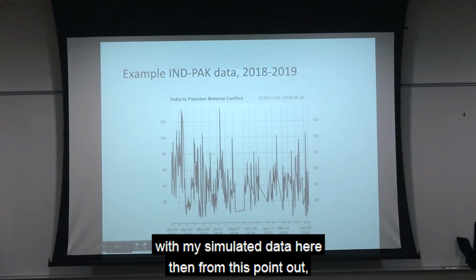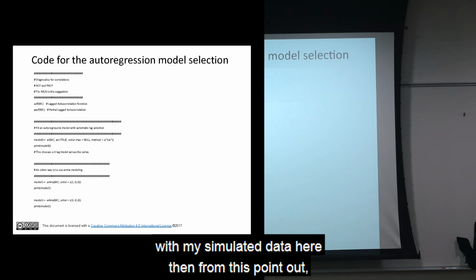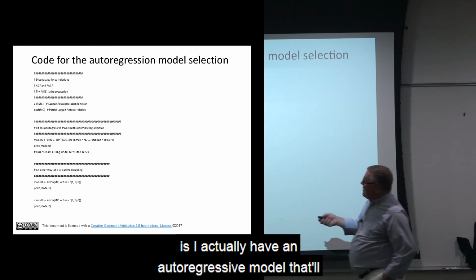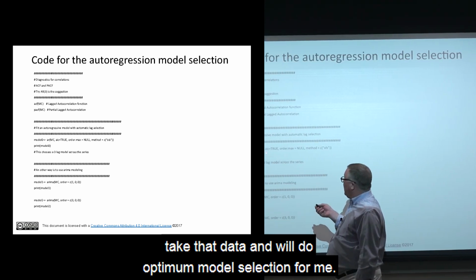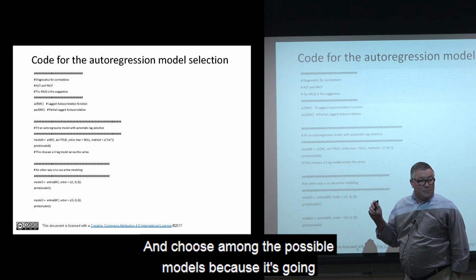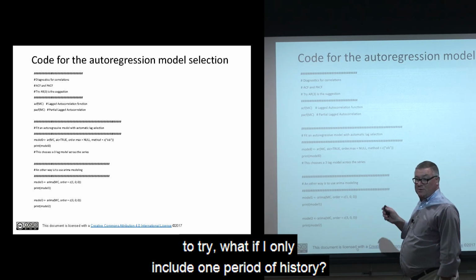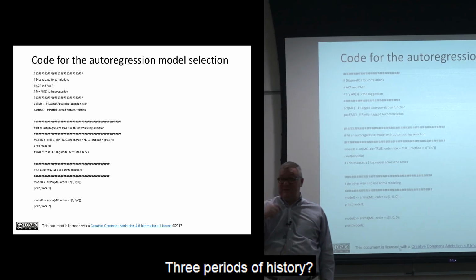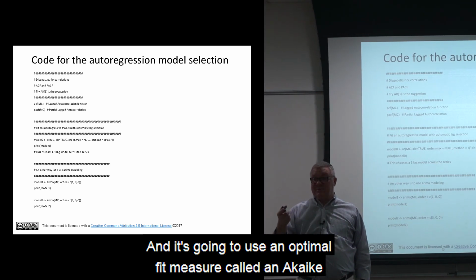The other way out of this, and I'm just going to work with my simulated data from this point out, is I actually have an autoregressive model that'll take that data in and do optimal model selection for me. It tries including 1 period of history, 2 periods, 3 periods, k periods of history.